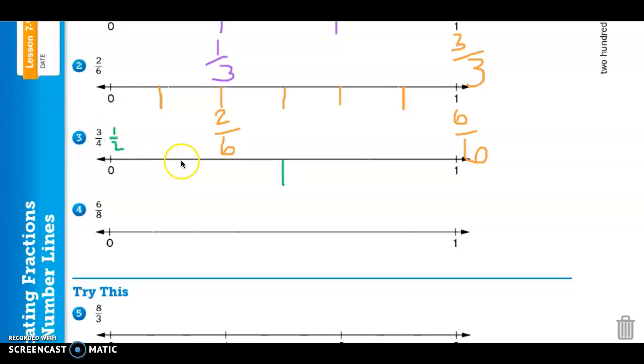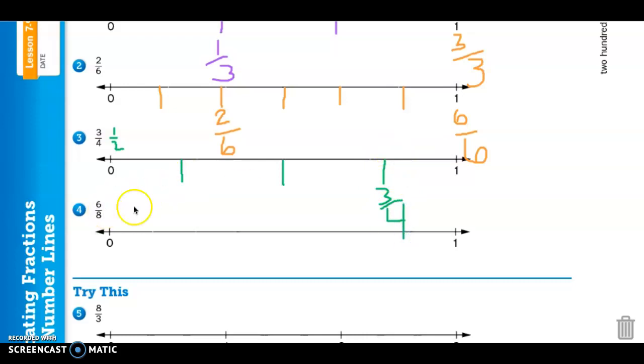So break this in half, break this in half, and let's see how many parts we have. How many equal parts? 1, 2, 3, 4. Wonderful, but we need to find 3/4. So I'm going to go 1/4, add another 1/4, that gives us 2/4, add another 1/4, that gives us 3/4. Label that one.